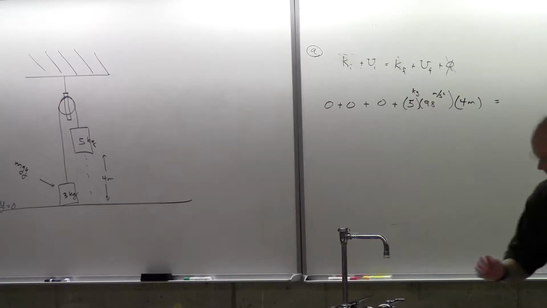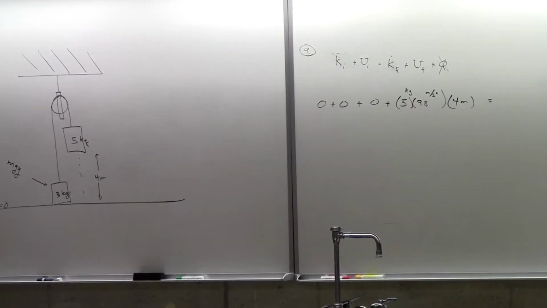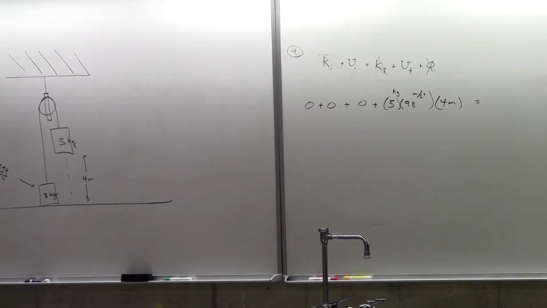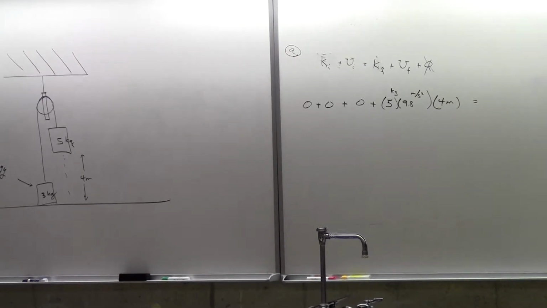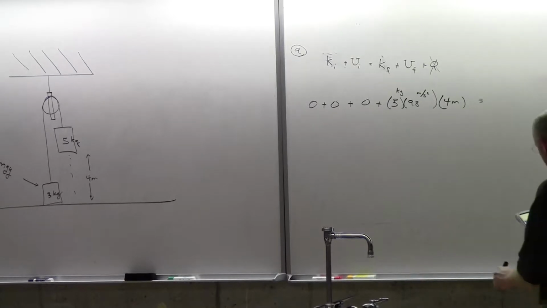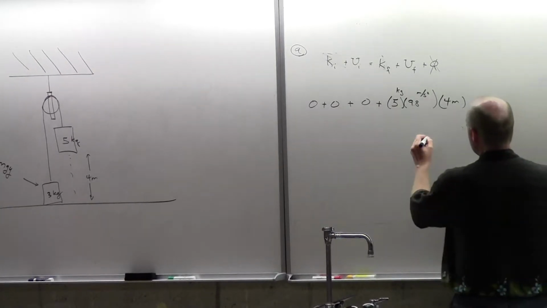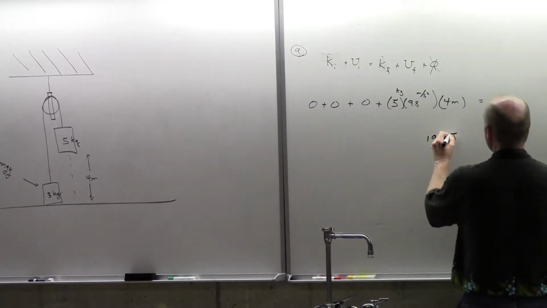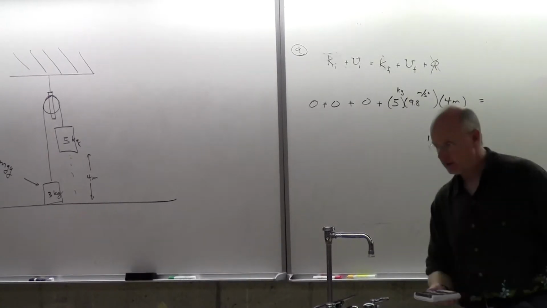That's the energy that I start with. So, going back to that same equation we did on Wednesday, it's 5 times 9.8 times 4, and this then is 196 joules of energy that it starts with.